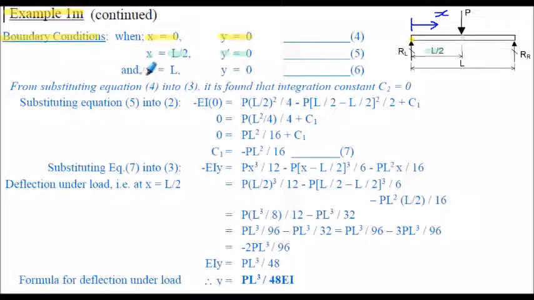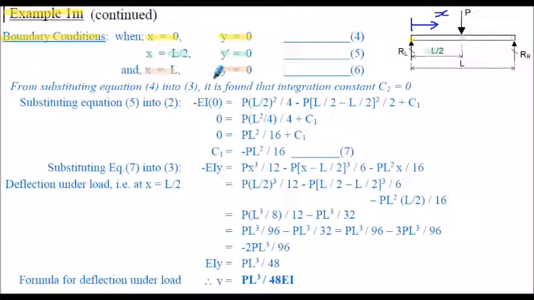And we also know in this case that when x is equal to L, again we've got no deflection at that location. So I've labelled them as 4, 5 and 6 just to give them references and make them easy to refer to. What we've got to do now is to solve for the unknown constants in the equation, so C1 and C2. Once we've solved for those, we can then have equations that we can use to find the slope, any location along the beam, or the deflection, any location along the beam.